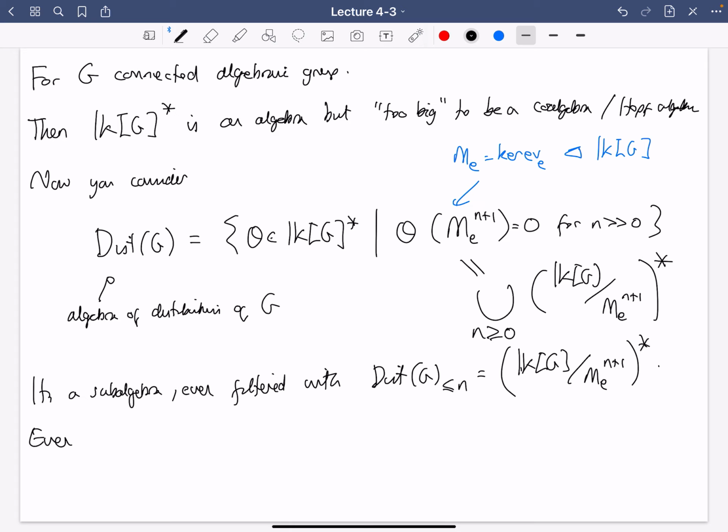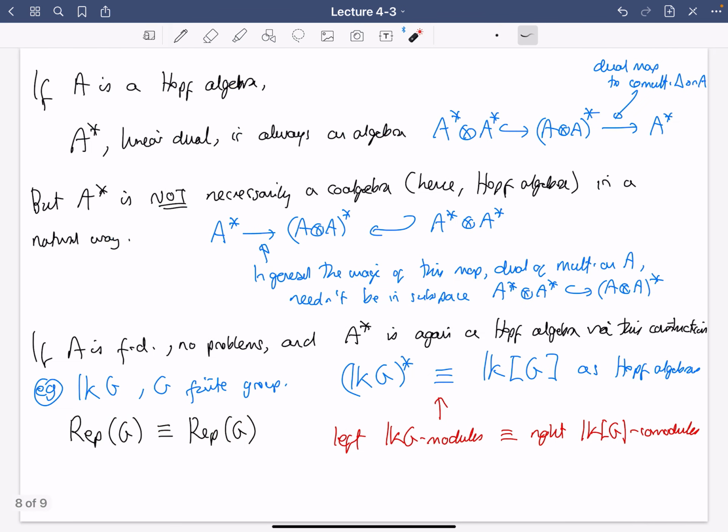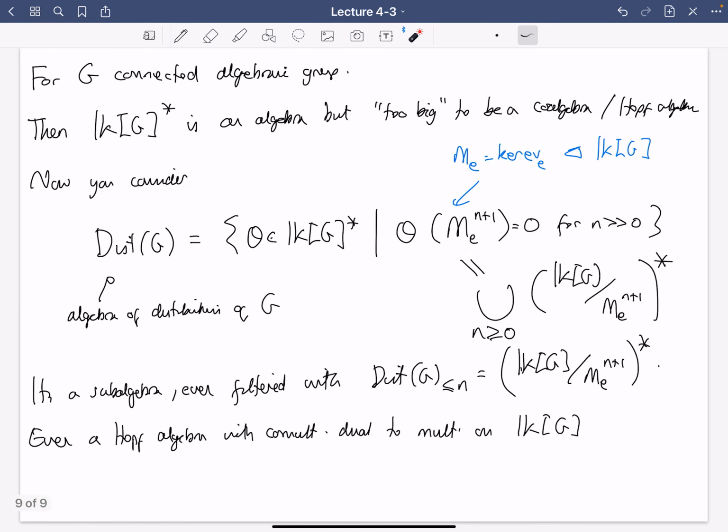It's even a Hopf algebra with co-multiplication that's due to the multiplication on K of G. So this construction fails in general on A star, but if you restrict to this subspace dist G of A star, then it turns out that when you apply this dual to multiplication, you do end up in dist G tensor dist G. So you do get a Hopf algebra structure on this algebra of distributions.